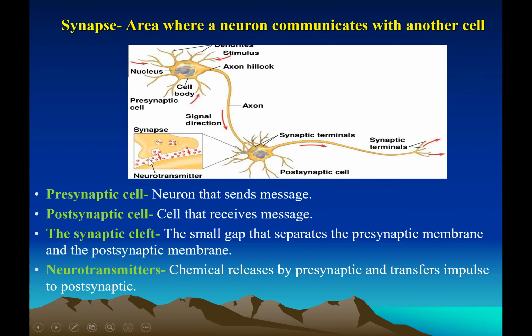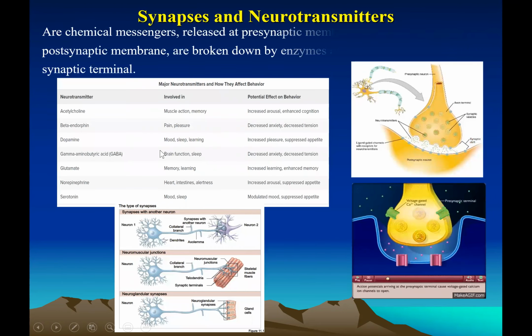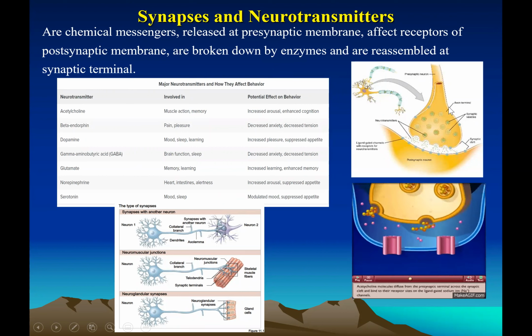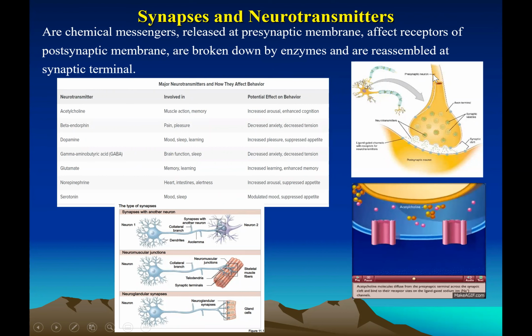Neurotransmitters are like chemical messengers that are released by the presynaptic cell. So here's the swollen end of a presynaptic cell, and the action potential is coming down the axon.